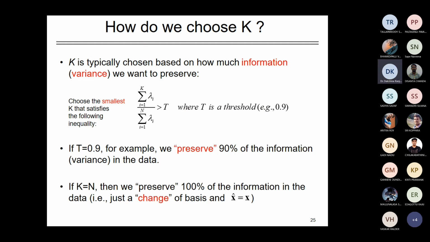Now, how to set a criterion based on which we can choose the k. We can choose the smallest k that satisfies this inequality. Let us consider we are getting lambda values for k number of features, and lambda values for n number of features.